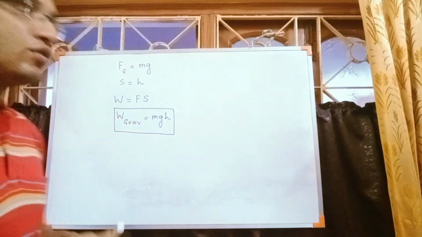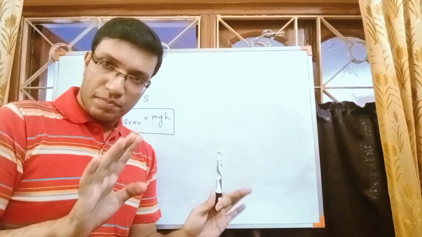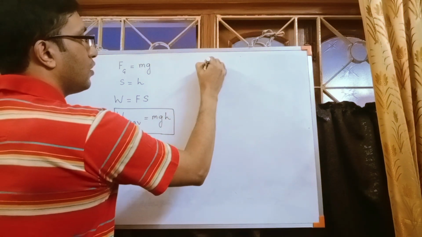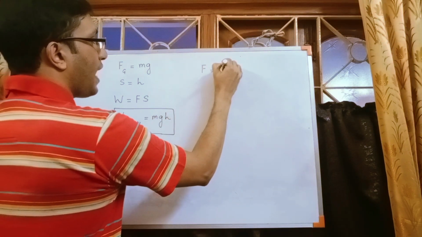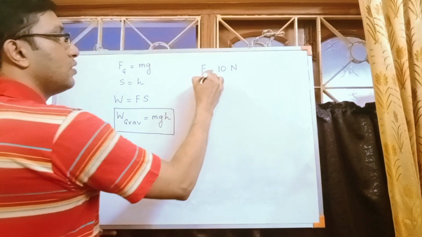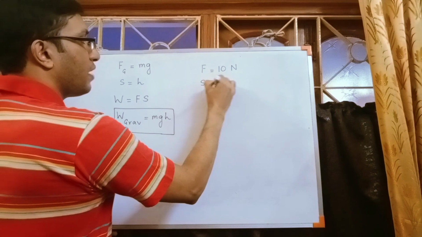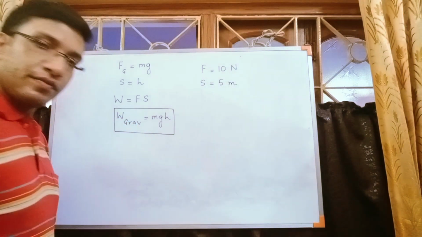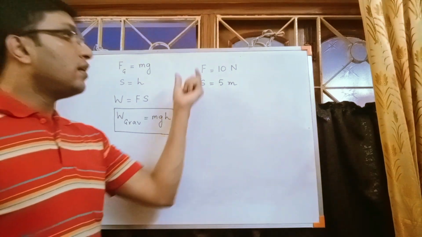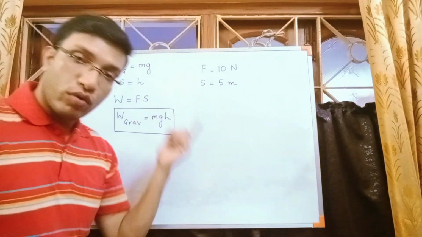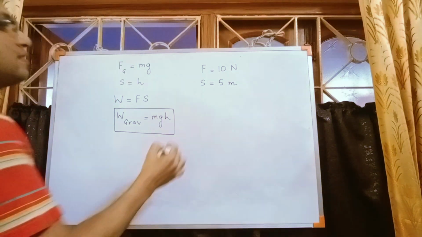Now suppose we have been given one very simple numerical. A force of 10 Newton acts on a body, due to which the body gets displaced by a distance of 5 meters, and it has been mentioned in the problem that the angle between force and displacement is 60 degree.